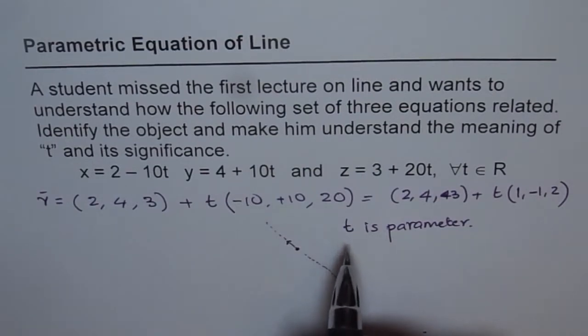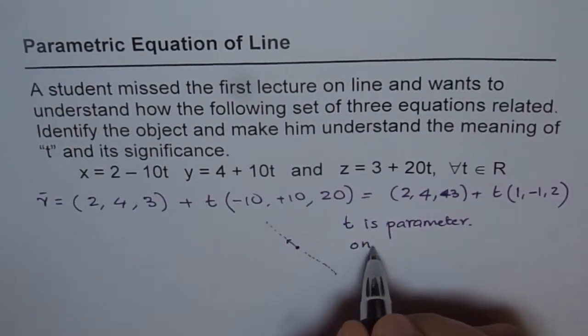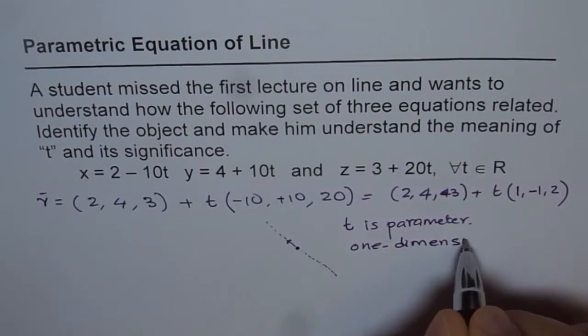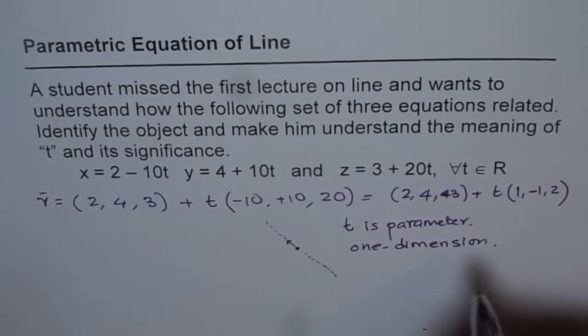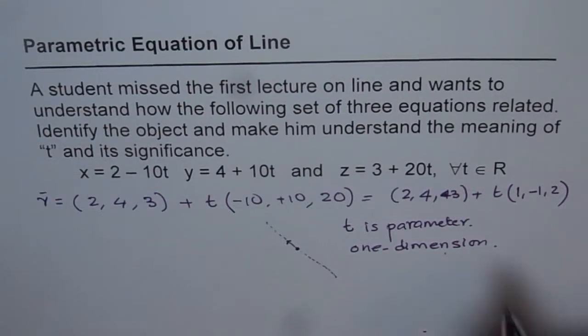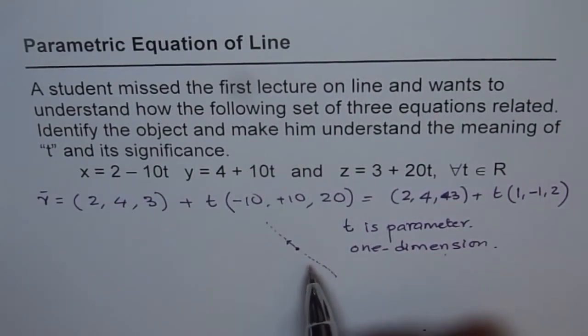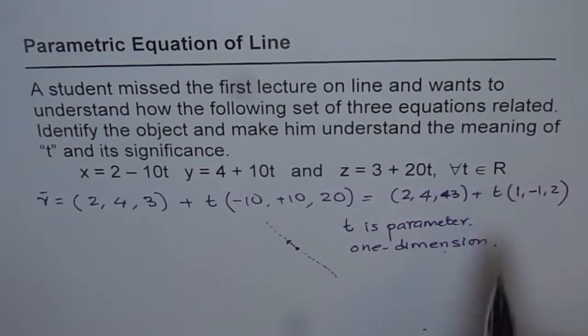And you should also note that a line is one-dimensional. Since a line has one dimension, we really need a parameter to define that particular dimension, right? So now I hope you understand that t helps us to define a line. In fact, it maps each and every point on this line, since t belongs to real numbers.